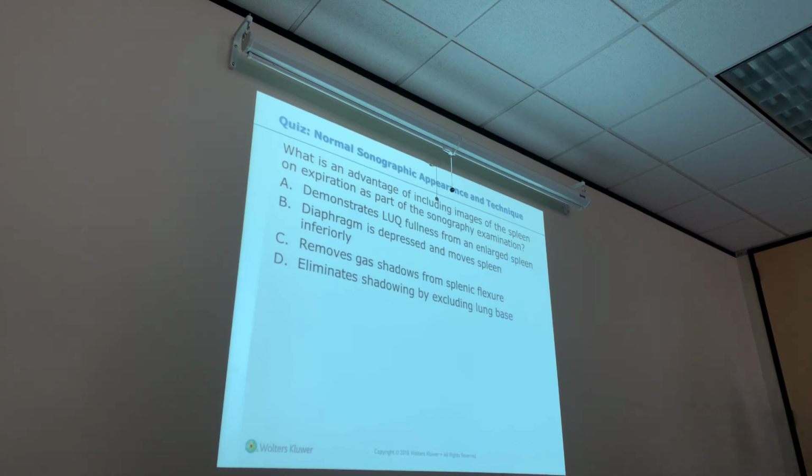What is an advantage of including images of the spleen on expiration as part of the sonography examination? The doctor requests it.